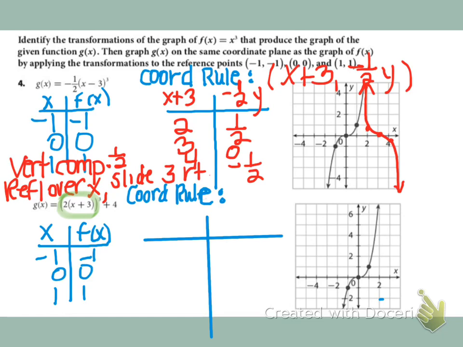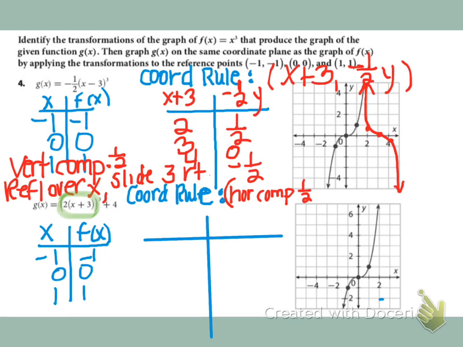So if we take the reciprocal of 2, that's 1/2. We actually have a horizontal compression of a half, right? Because that's really like 2 is like saying 1 over 1/2. It's the reciprocal. And then the plus 3 is actually moving it 3 units to the left. But when we write this coordinate rule, we actually say what we mean, right?